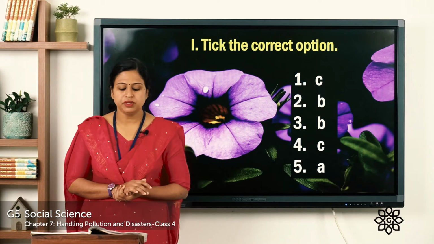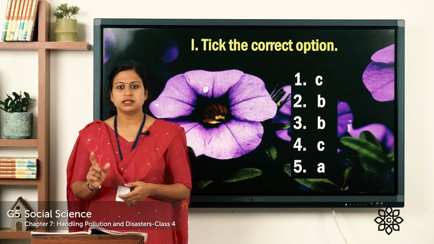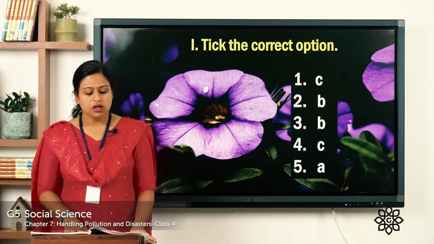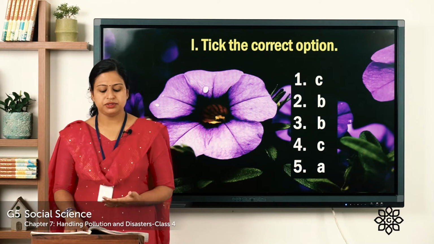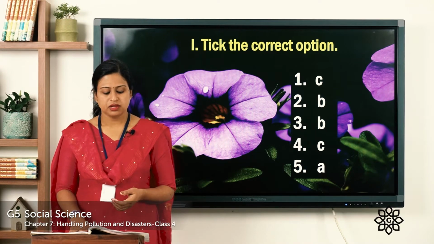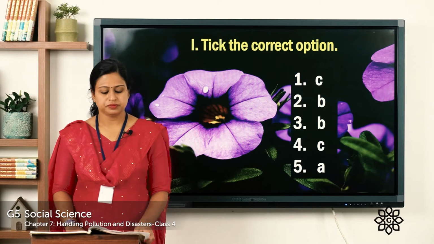So, the first one, smoke from cars and factories causes, the correct option is air pollution. Second one, noise pollution can lead to, correct option is hearing loss. Third, jaundice and dysentery are diseases caused by water pollution.